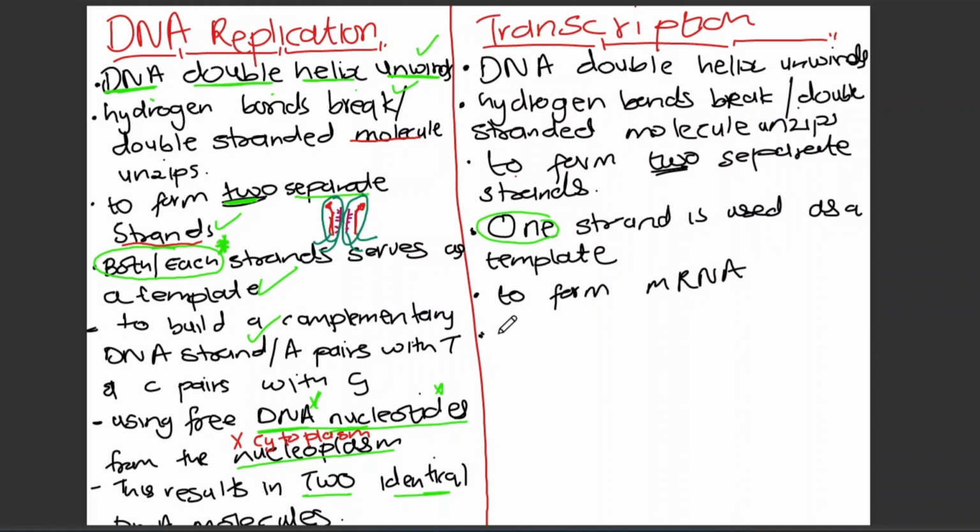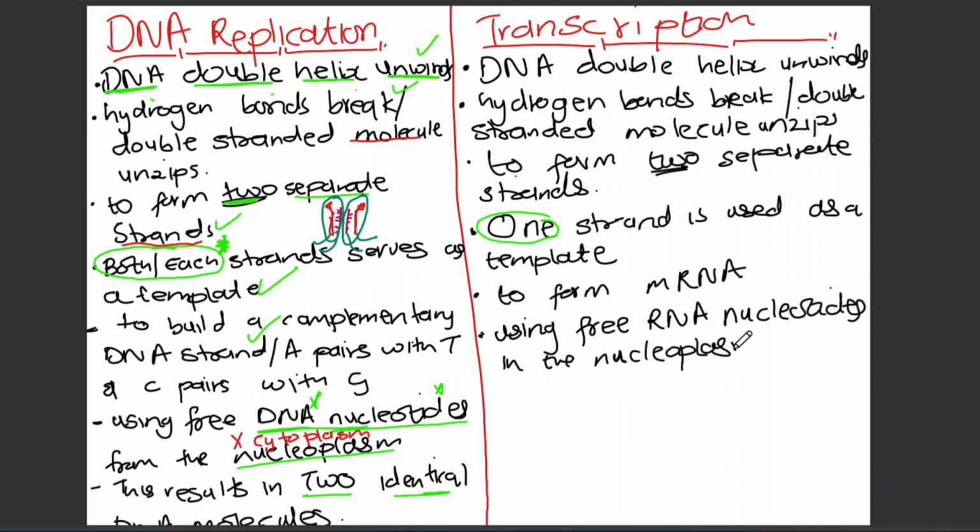Now, how exactly is messenger RNA formed? Messenger RNA is formed by using free nucleotides. But which nucleotides in this case? They are going to use free RNA nucleotides. Then where are we finding these nucleotides? In the nucleoplasm. I'm sure you can see the difference, right?